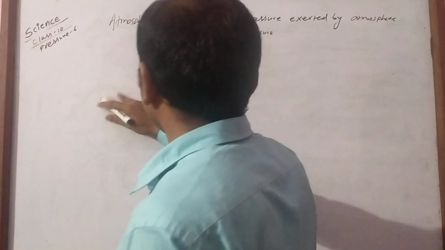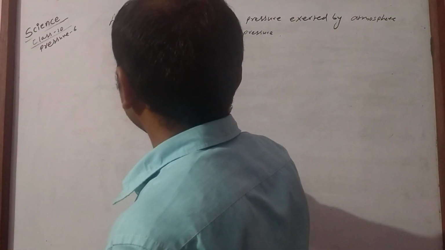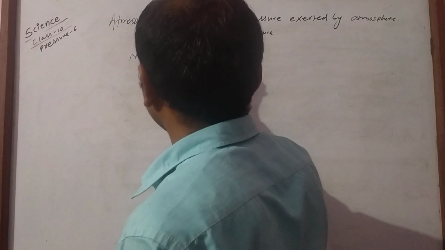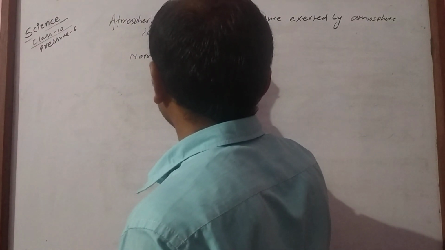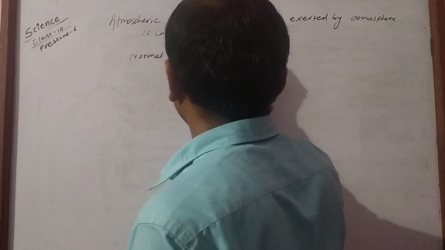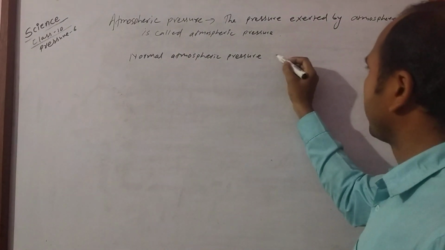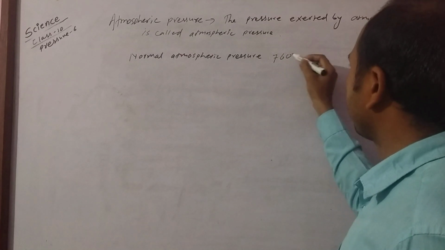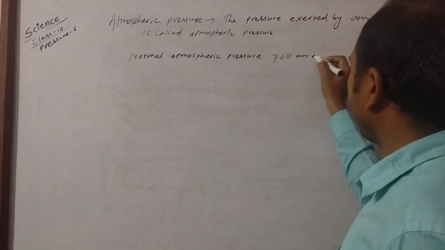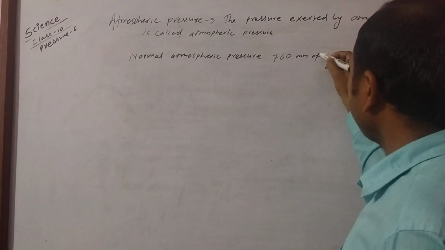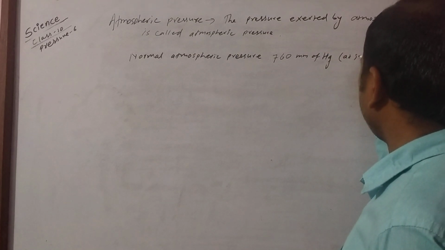Here, the normal atmospheric pressure is 760 mm of Hg at sea level.